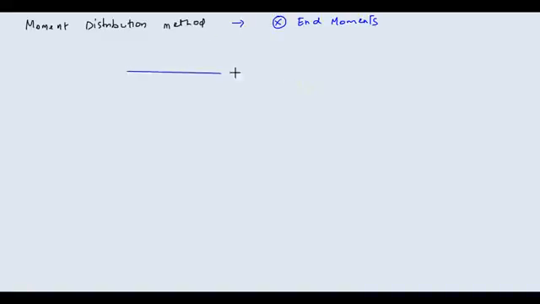For example, suppose you have some indeterminate beam here, something like this. If you apply the moment distribution method, you will be able to obtain these moments. This moment is obviously 0. You will get this moment here, say it is m1.